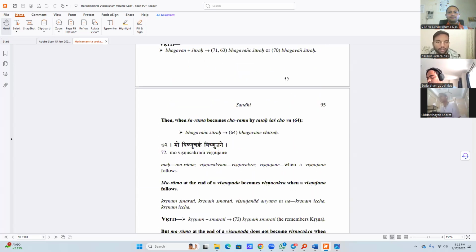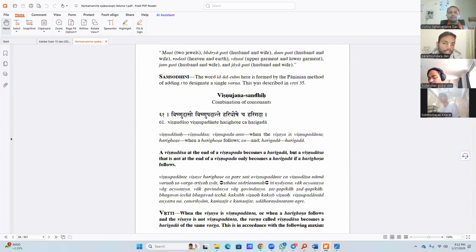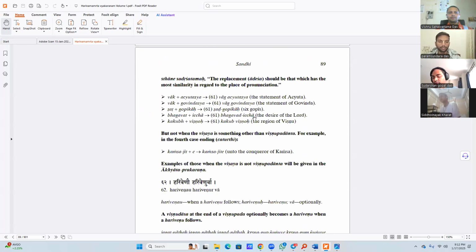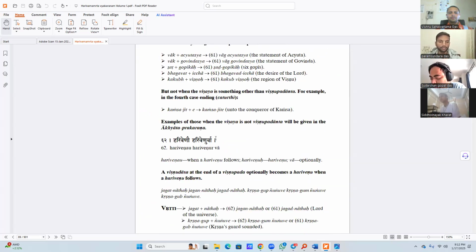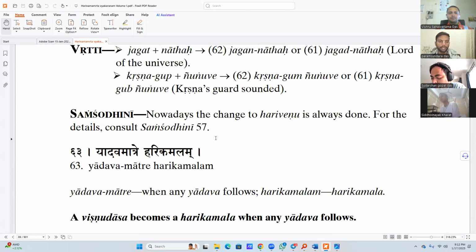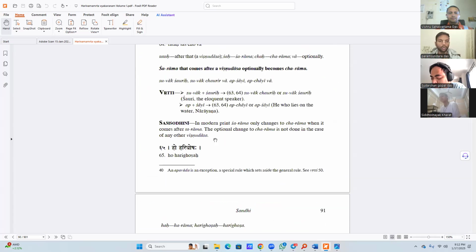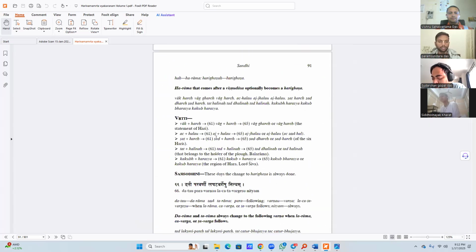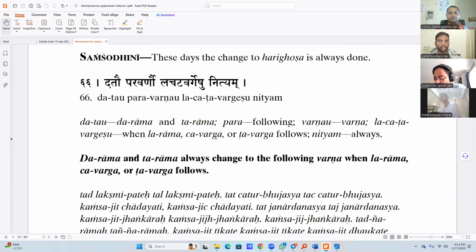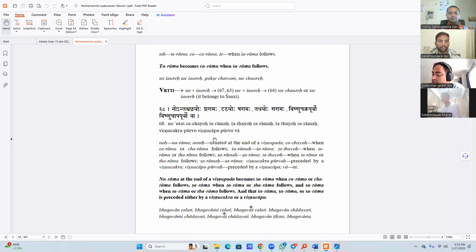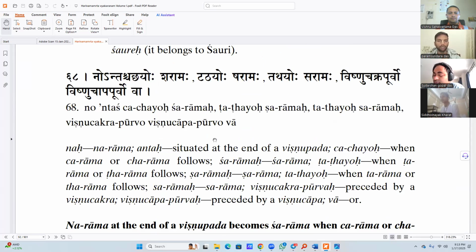The pronunciations are not that difficult. So: Vishnu Daso, Vishnu Padante, Hari Ghoshe cha Hari Gada, Hari Venau, Hari Venurva, Yadav Matre, Hari Kamalam, Tatah Shashchova, Ho Hari Ghosha, Datau Paravarnau Lachata Vargeshu Nityam, Taschashe, Antash Chachayo Sharamah, Tatayo Sharamah, Vishnu Chakra Purvo, Vishnu Chapa Purvo Va.